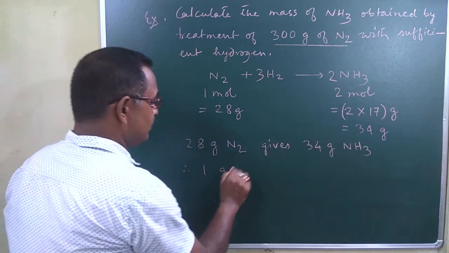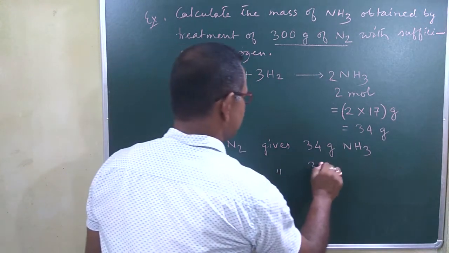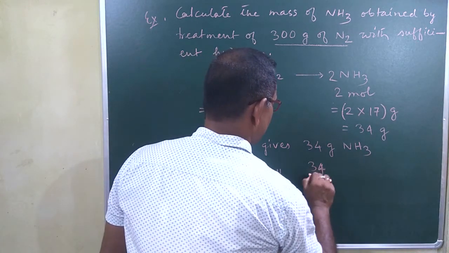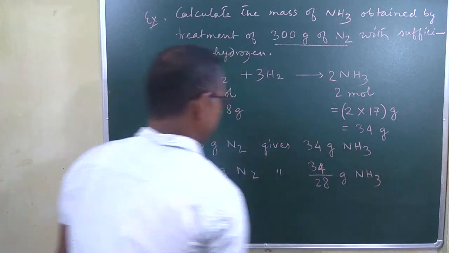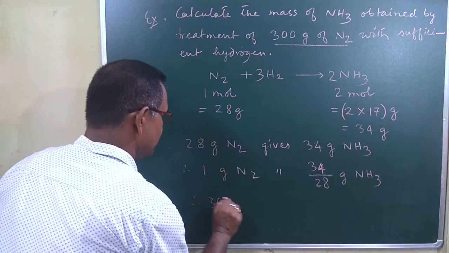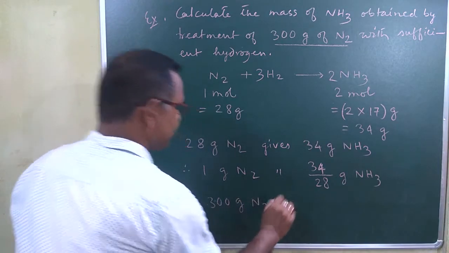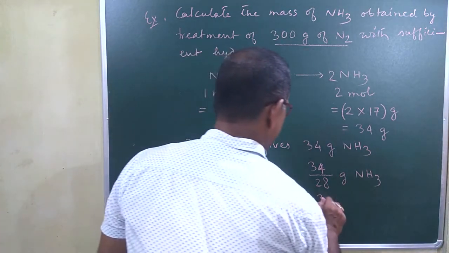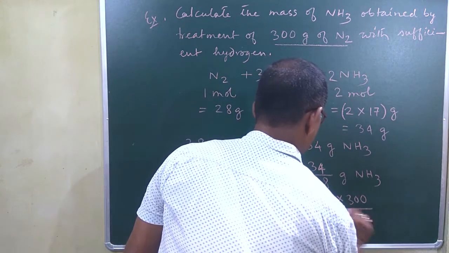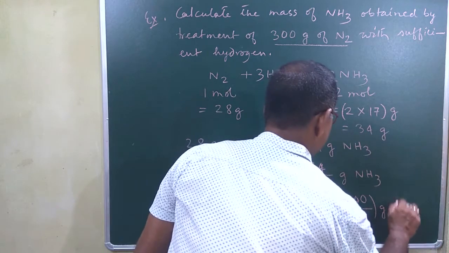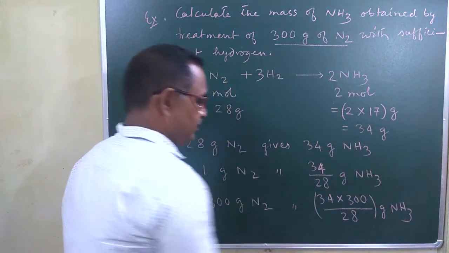Therefore 1 gram N2 gives 34 divided by 28 gram NH3. Therefore 300 gram N2 gives 34 times 300 divided by 28 gram NH3.